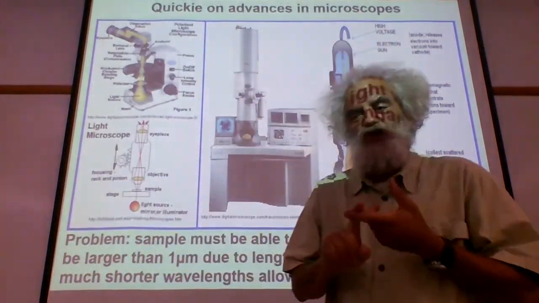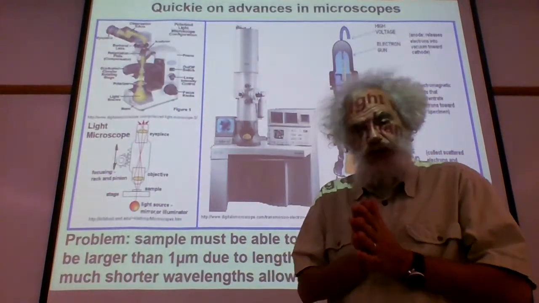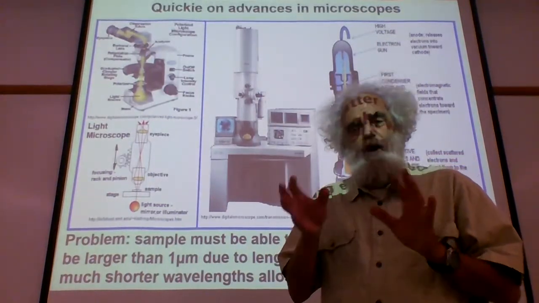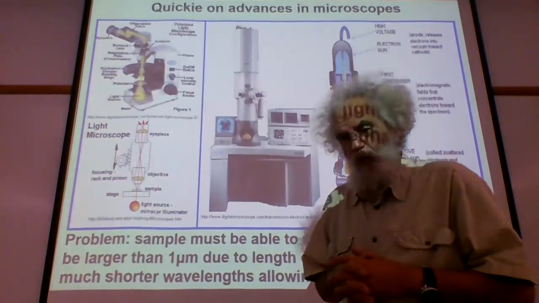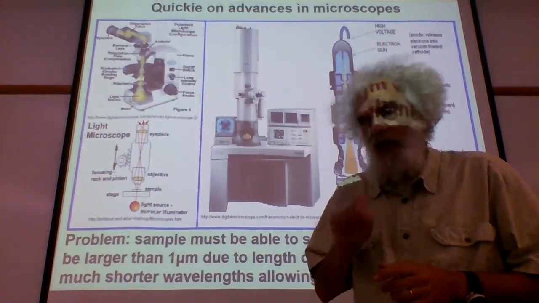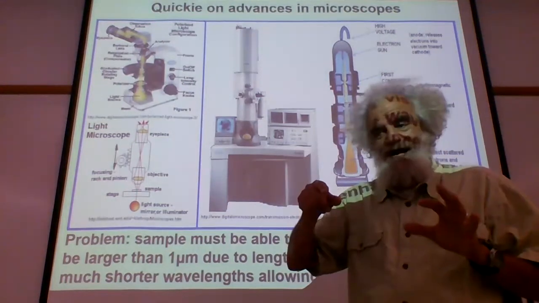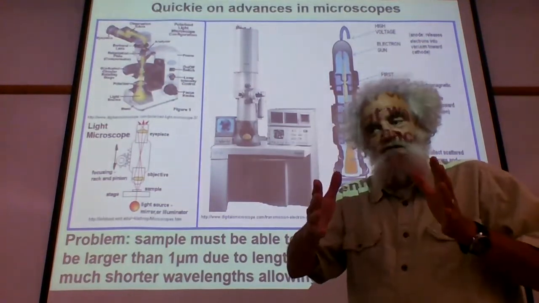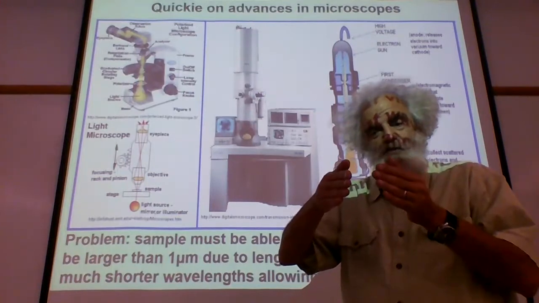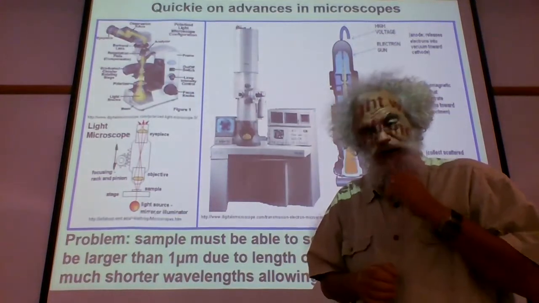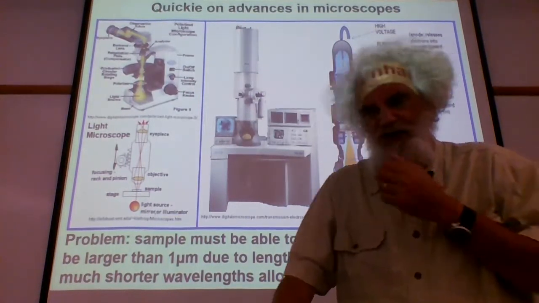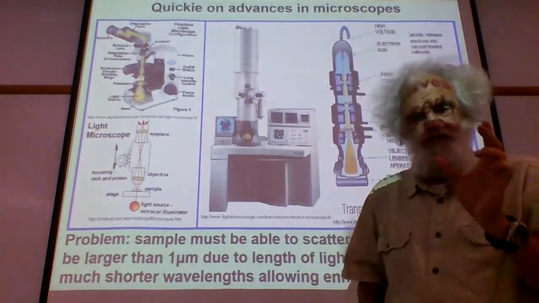Now, light microscopes are limited in their resolution to probably around 1 micron, 1/1,000th of a millimeter. Teeny, but still, that's the limit because the wavelengths of light are such that they can't actually resolve things any finer than that. And so that means that with a light microscope, we can see a cell pretty easily.